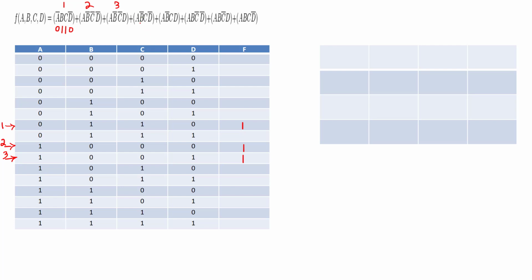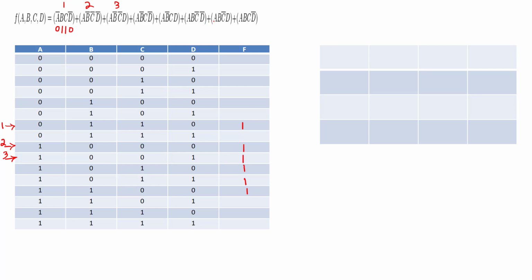Then the fourth one is going to be A, B bar, C, D bar: 1, 0, 1, 0, and that is going to be a 1. The next one is going to be 1, 0, 1, 1, which is the very next row. The next one is going to be 1, 1, 0, 0, which is the next row.